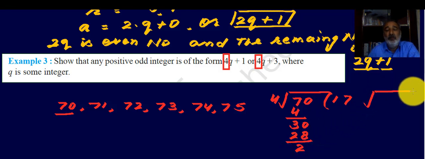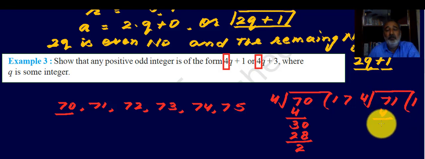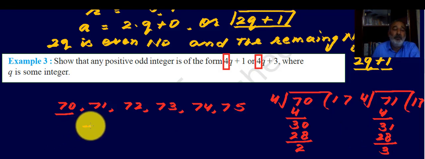Let's try 71 divided by 4. So it will become 4 7 is 28, and your remainder will be 3. What about 72?